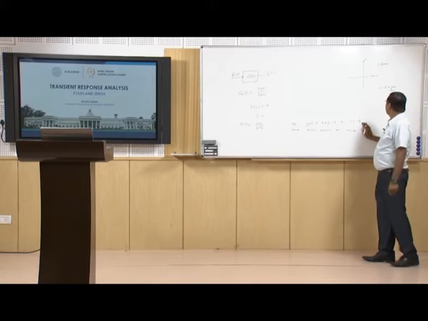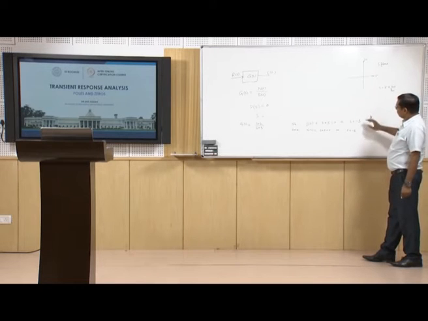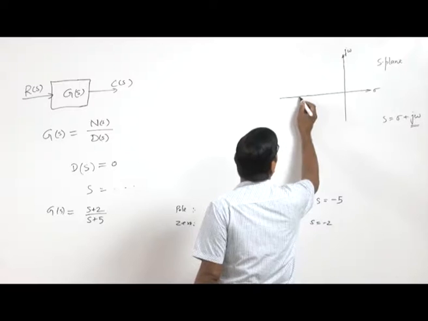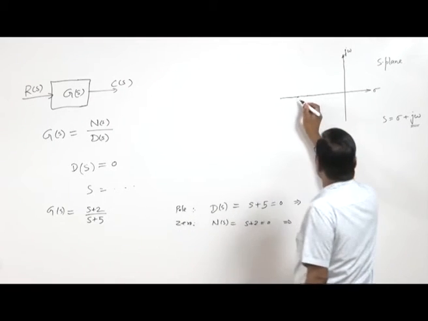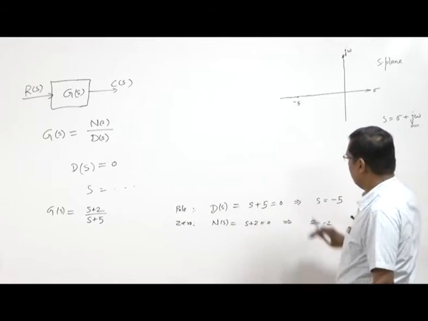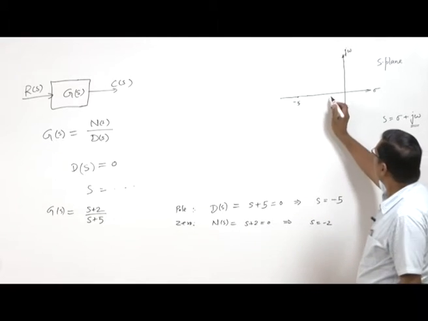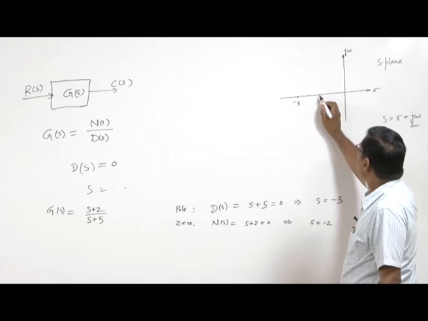The imaginary part is 0, so s equal to minus 5 we can show here. Then the zero, s equal to minus 2, will be somewhere here.